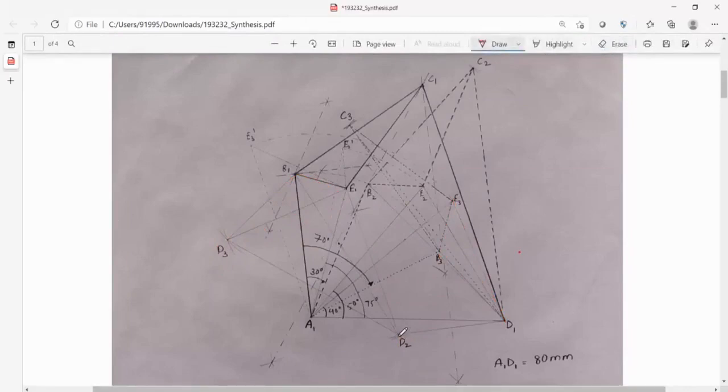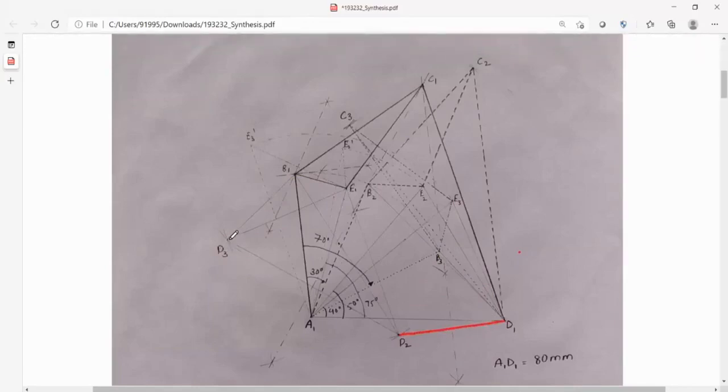Now we will join these 3 points by D1, D2 and D2, D3. So once these points are joined, we will draw the mid normals to these lines.